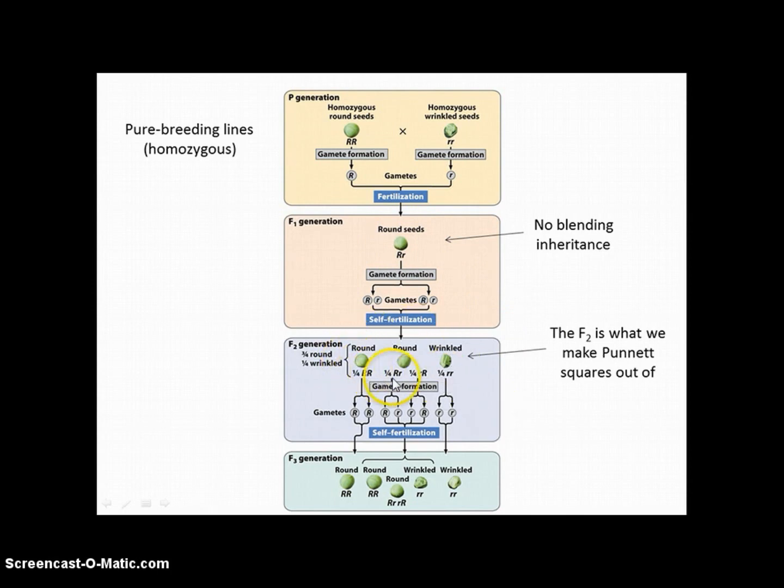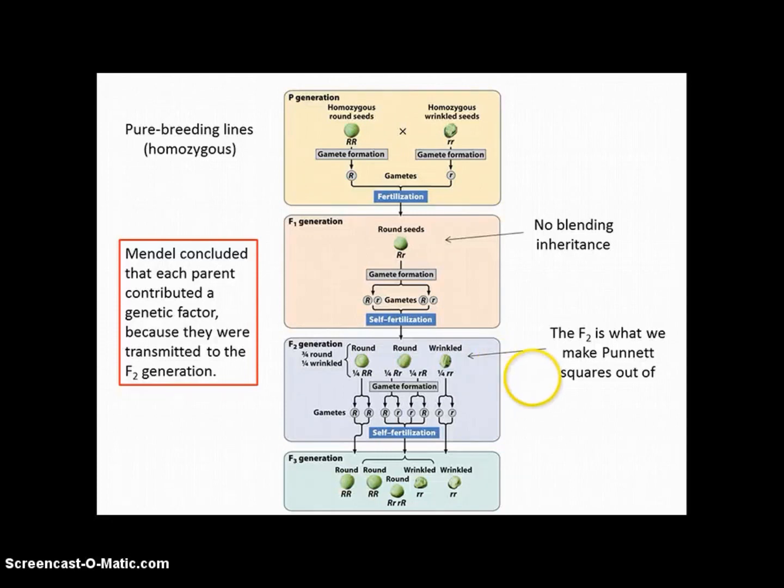And here we have the F2 generation. F2 is what we calculate when we're using the Punnett square. So from this cross and a series of similar crosses, Mendel concluded that each parent contributed some genetic factor, and that they were transmitted ultimately to the F2 generation because these guys showed up.